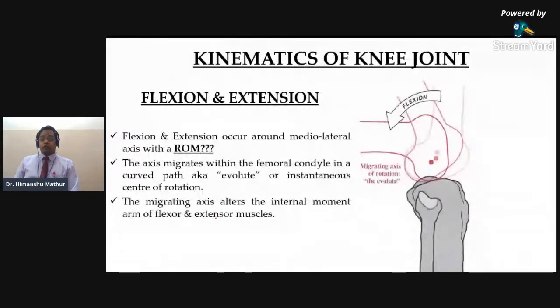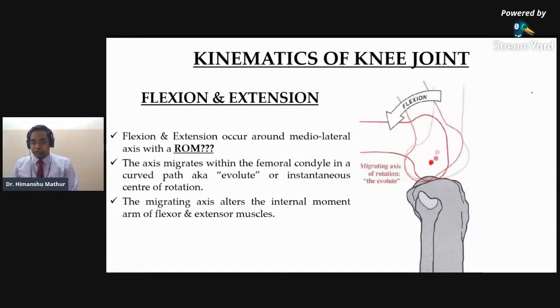Now, whenever I talk about either the open kinematic chain or the closed kinematic chain motion, the axis of rotation, that is the axis of rotation of the knee joint, the medial lateral axis, which is being marked over here like this. Okay, it is not a fixed axis because of the relative migration of the patella anteriorly.